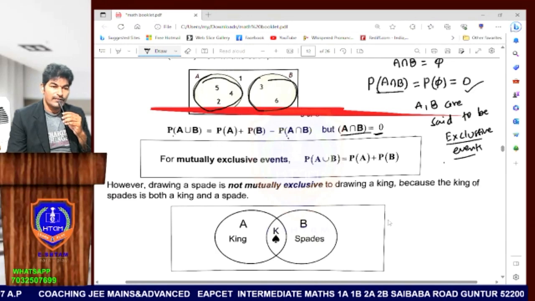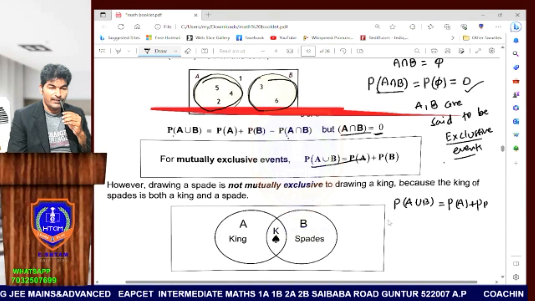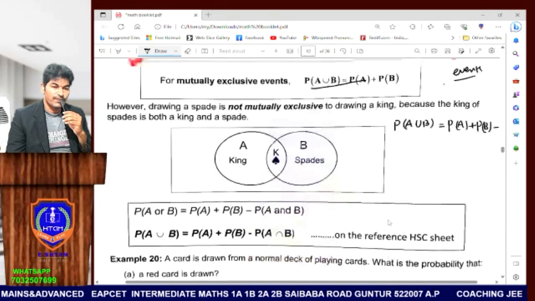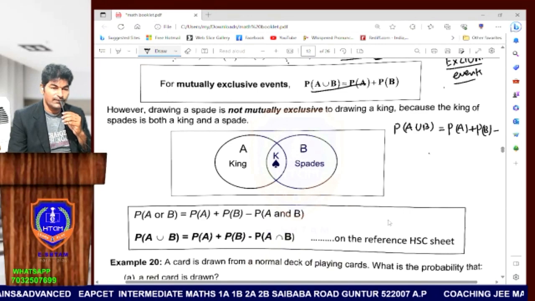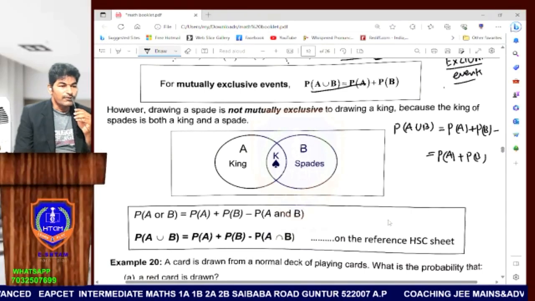So you can write P of A union B equals P of A plus P of B minus 0. Minus 0 means you can avoid that 0. So you can say simply P of A plus P of B. Understood?